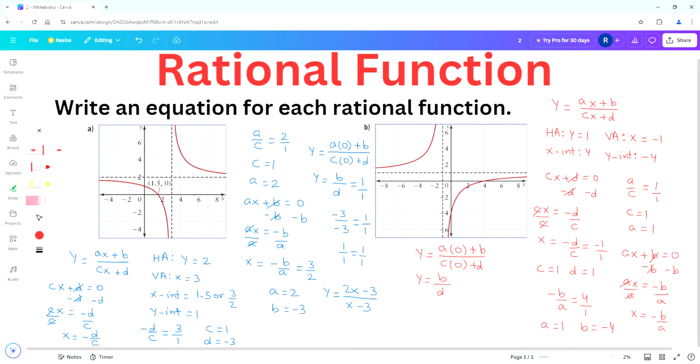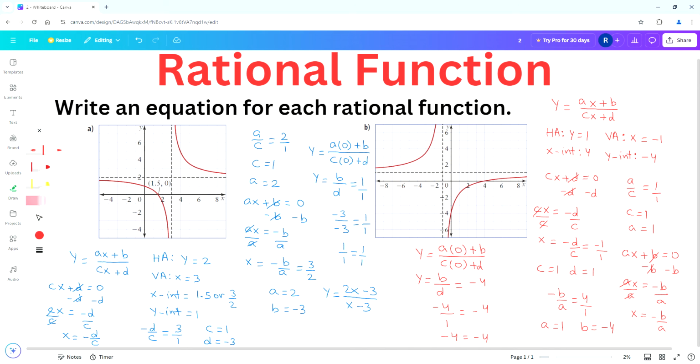I get y equals b over d. As per the graph, the y-intercept is negative 4. As per our analysis, we got b equals negative 4 and d equals 1. So the left side becomes equal to the right side. Therefore, the values of a, b and c and d we found are valid.